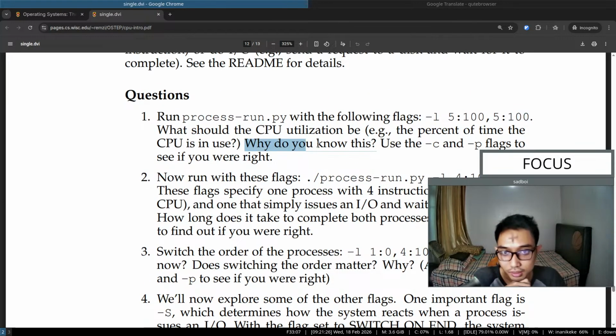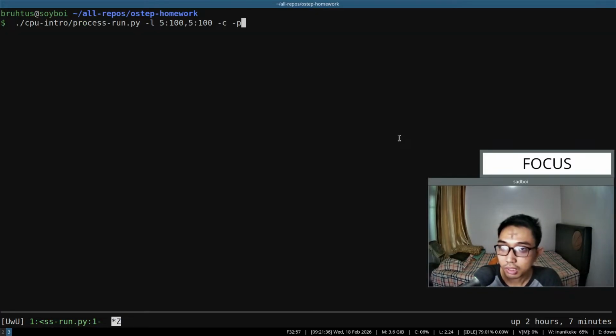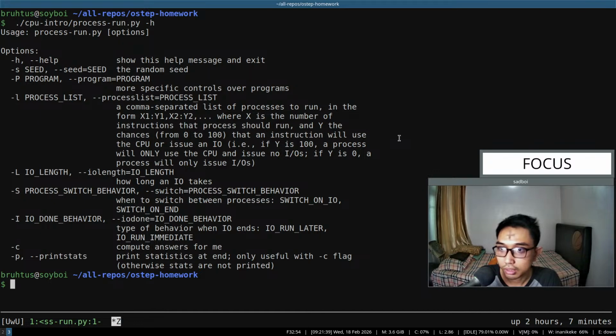But yeah, if we cannot access the source code, why do you know this? But again, maybe it should be okay. It is also pinned in the help menu, right? If y is 100, the process will only use the CPU and issue no input-output.